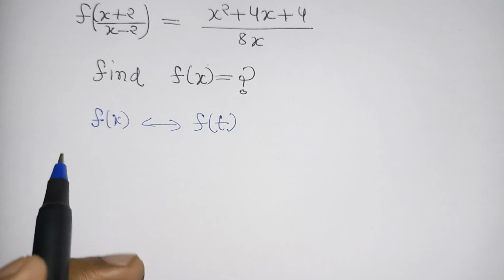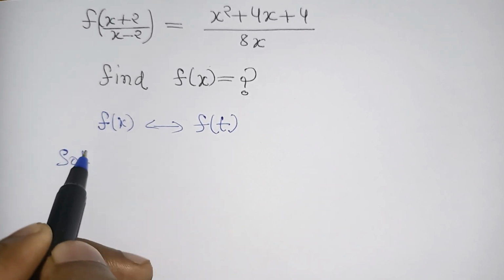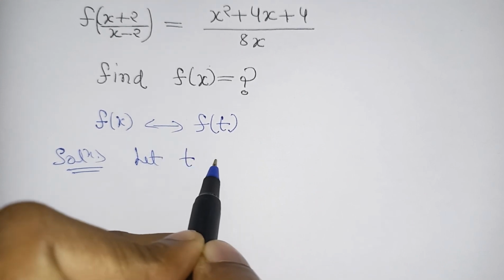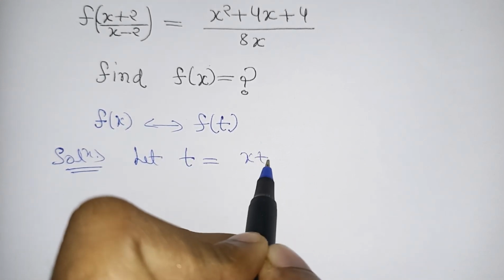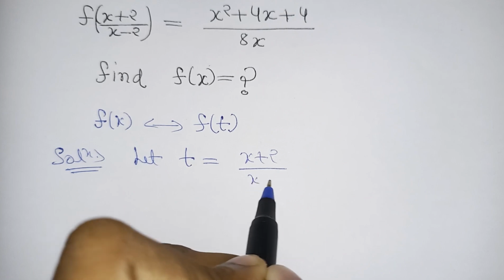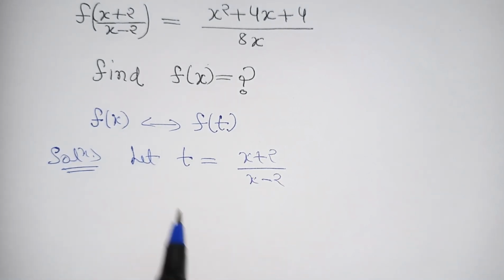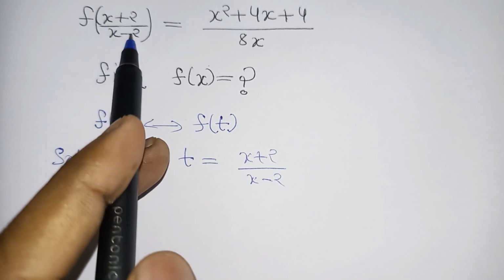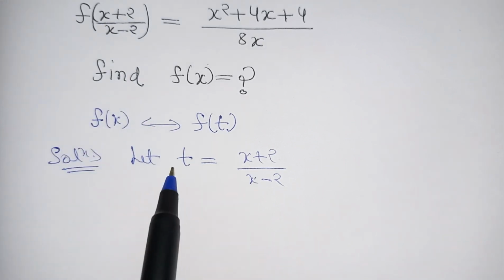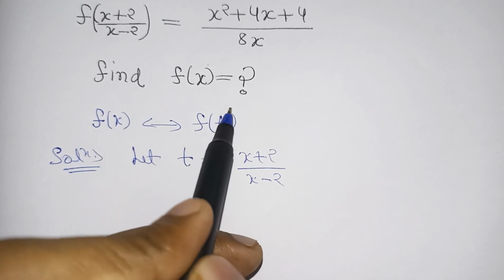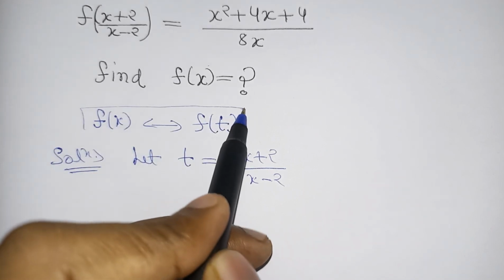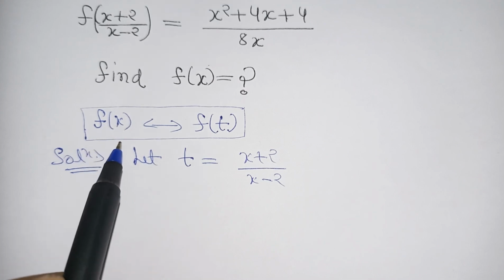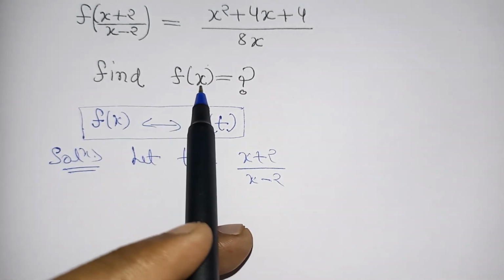So what we do, the solution: let t is equal to x plus 2 by x minus 2, which means we just change the variable. This expression will become t, and by using this condition, that the variable can be exchanged inside a function, we will get the value of f of x.